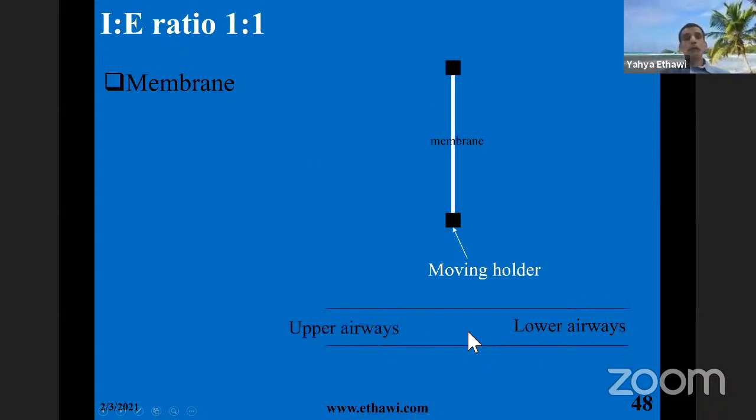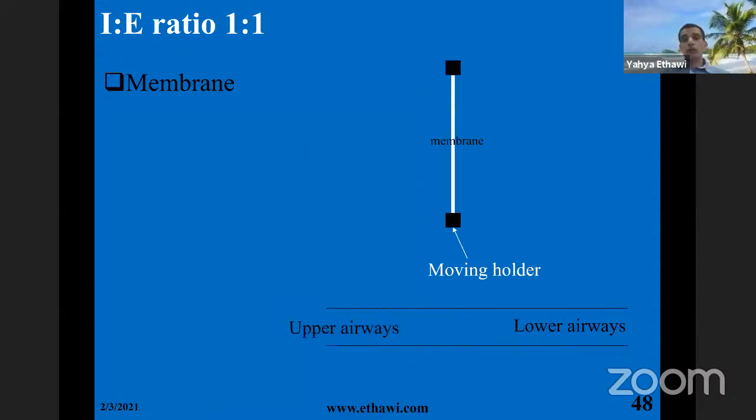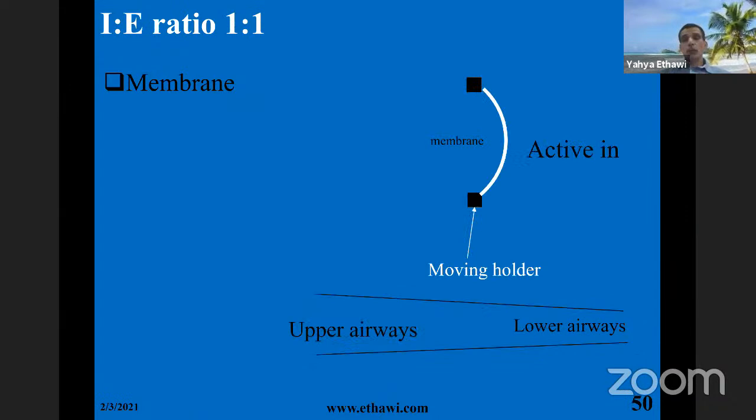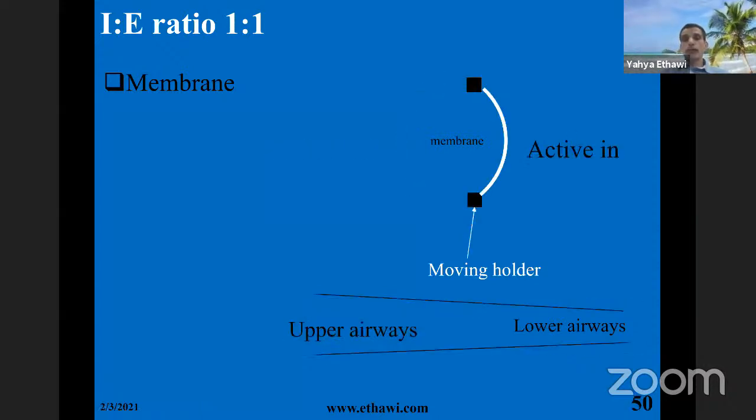So when you select 1 to 1, that's what will happen to the airway. You see? When you do active in, the first part to expand is the upper airway, and therefore the airway will change like this when you use 1 to 1.